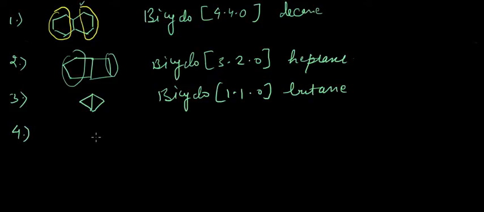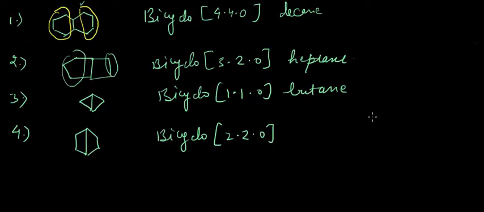Okay, now we have something like this. So its name would be bicyclo 2.2.0 hexane.